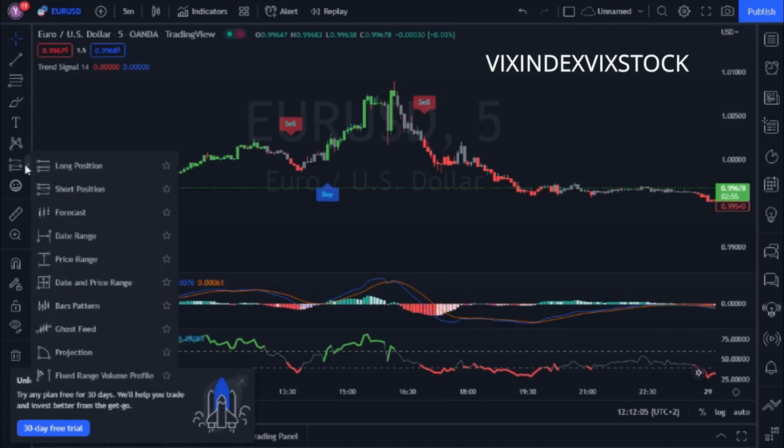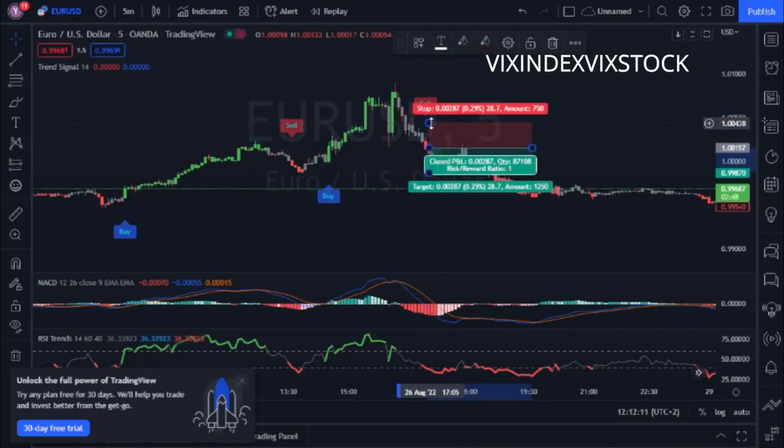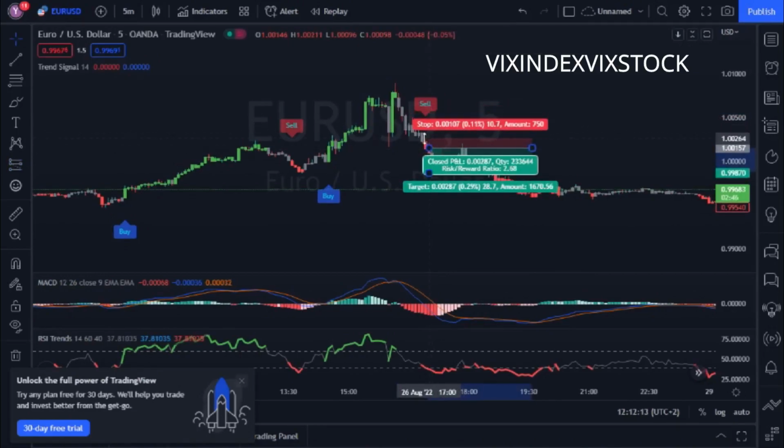Let's find a sell trade, a short position. We'll certainly take our trade, and we are looking for a 1:1 or 1:2 risk to reward ratio. That's all that we are looking for. Where is our 1:1, 1:2?